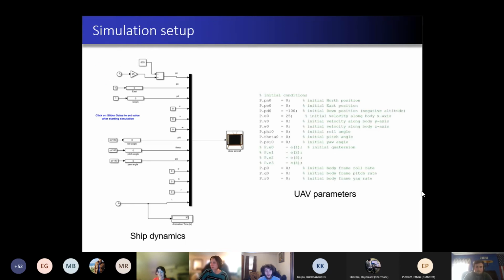So for the simulation setup, this is just some of the initial parameters that we started with. Over on the left, we can see the ship dynamics. And as I mentioned before, it's pretty simple: we oriented the axis about the ship so that it was only traveling in the north direction, which I believe would be Y if you were looking at a standard Cartesian. And up in the very top left, you can see the value 605 and below that 25. 605 is the initial starting position of the ship.